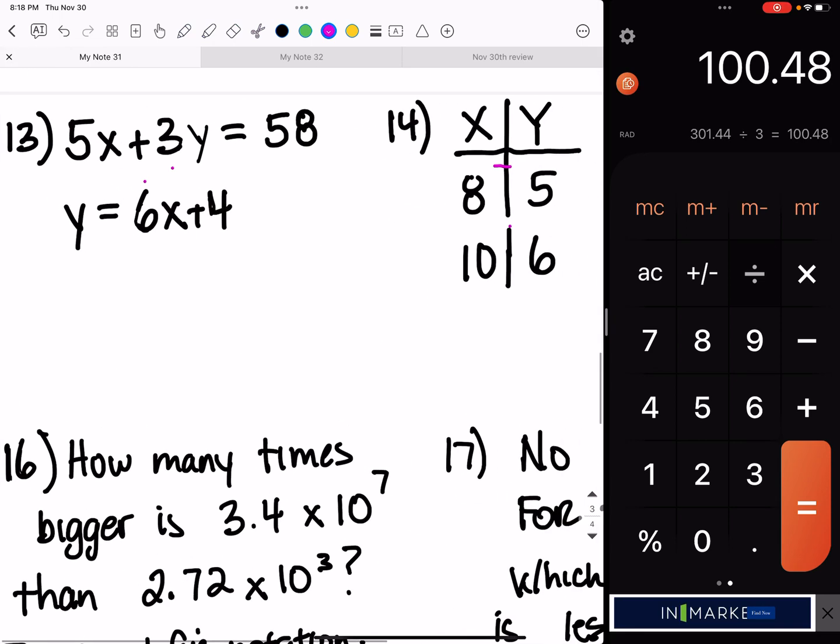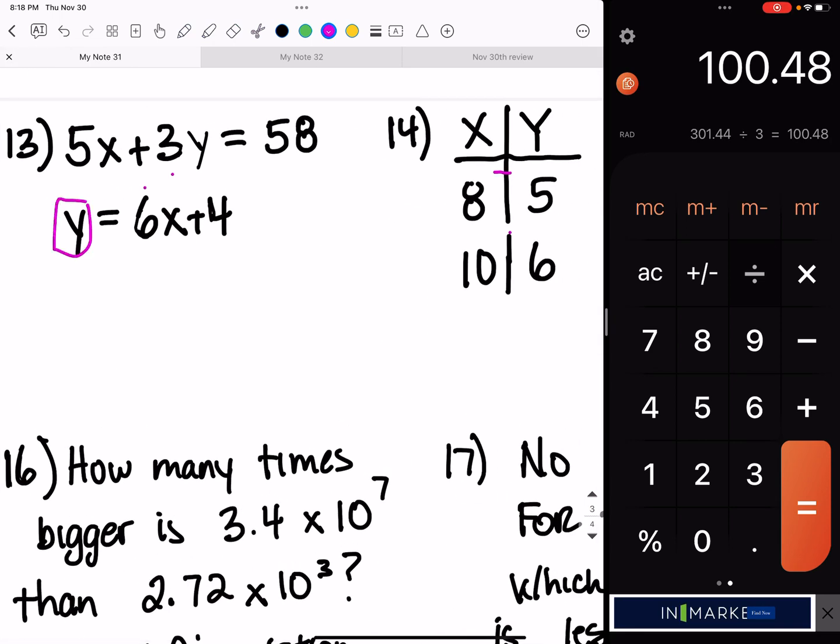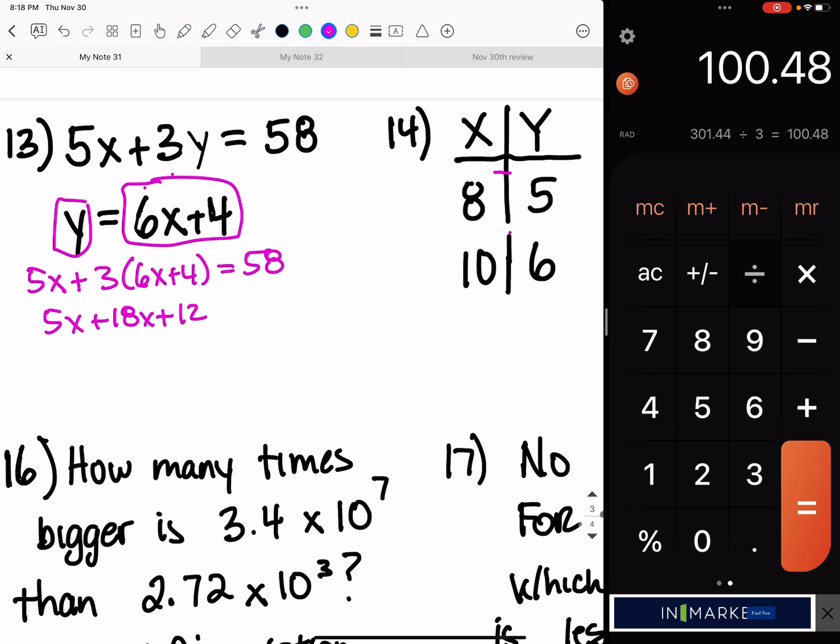This one, substitution. I know y is the same thing as 6x plus 4, so 5x plus 3 times y, which is 6x plus 4, equals 58. 5x plus 18x plus 12 equals 58. What is this? 23x plus 12 equals 58, minus 12 from both sides. 23x equals 46.